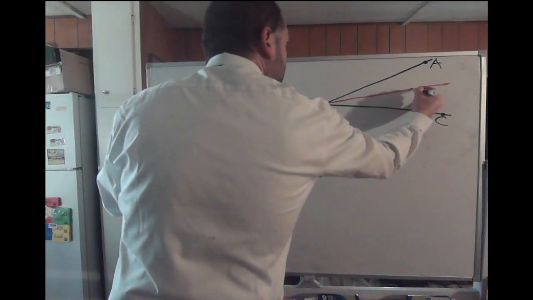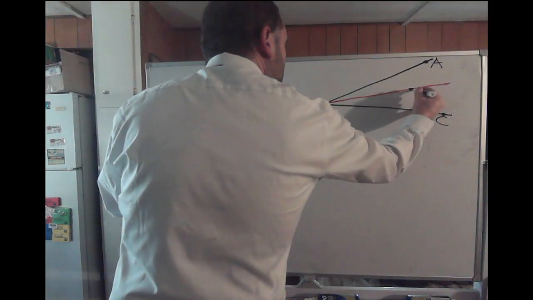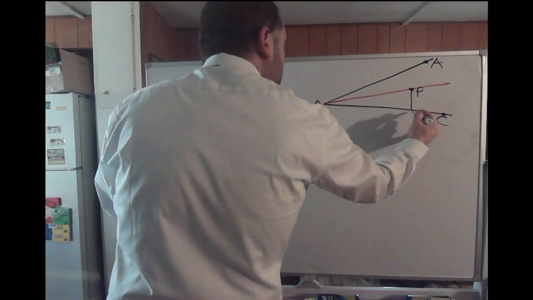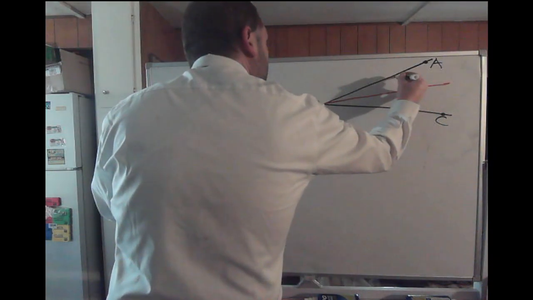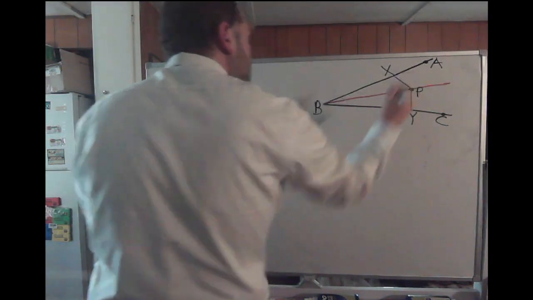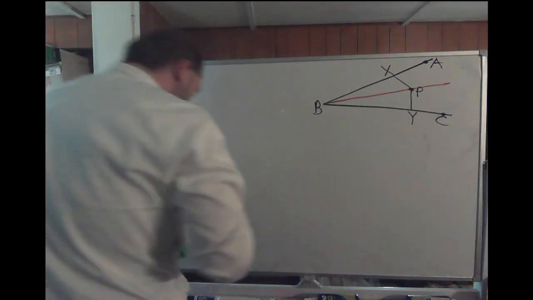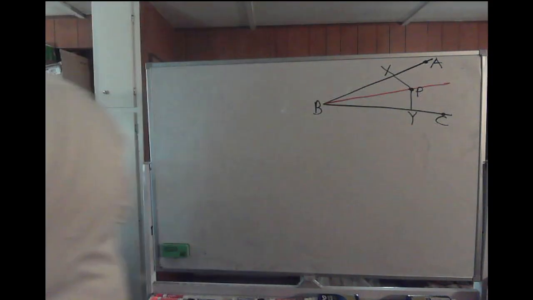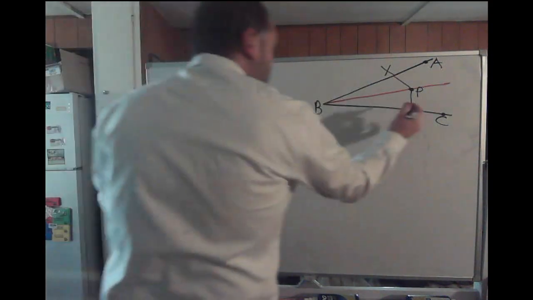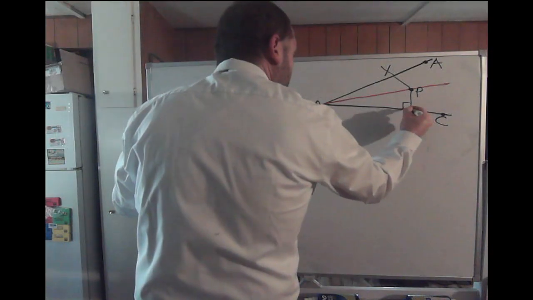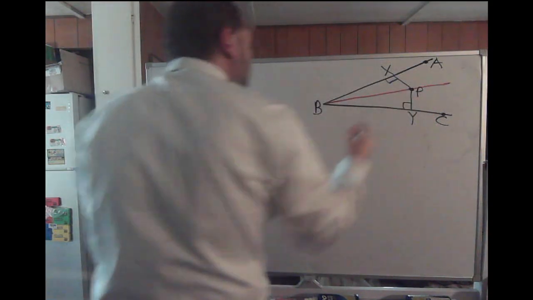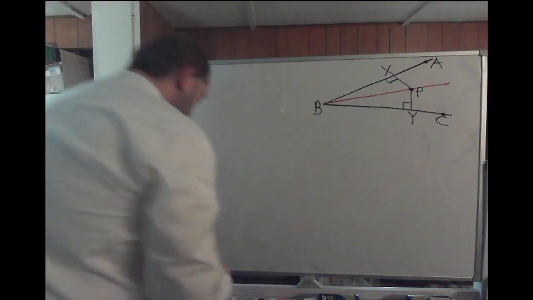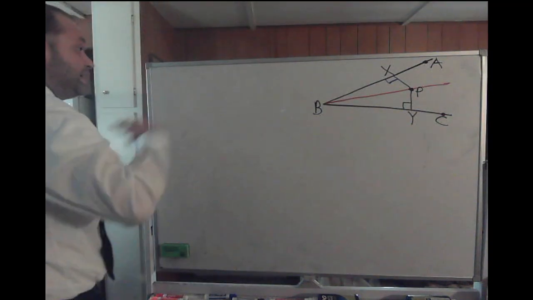We have point P right here. That would still be Y. That would still be X. They even give us that we still have right angles here. Okay, so what are we given?